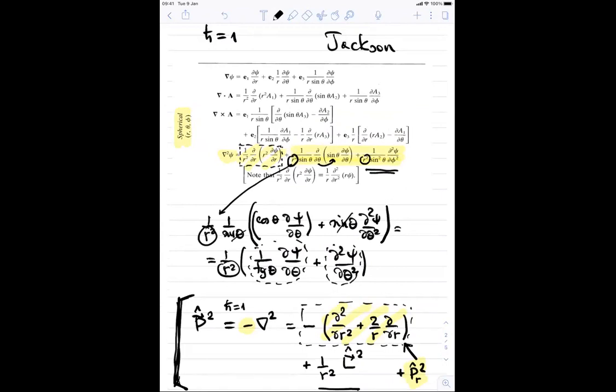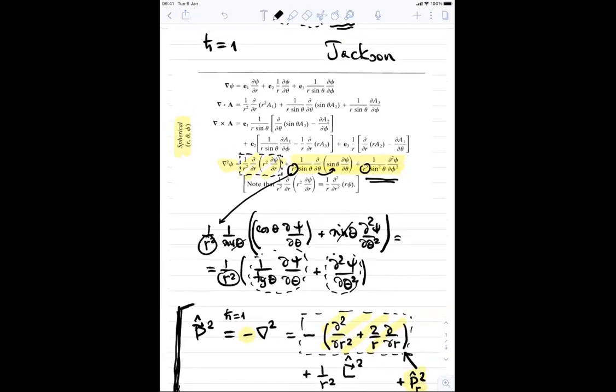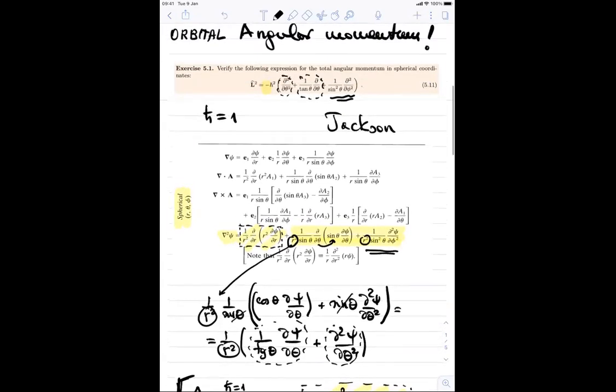You notice that the derivative parts that involve the angles theta and phi are precisely, apart from this factor 1 over r square, the objects that appear in the expression for L² as we have presented in our lecture on orbital angular momentum.